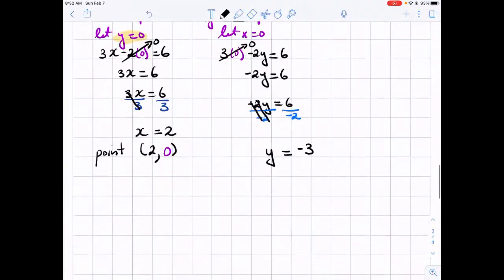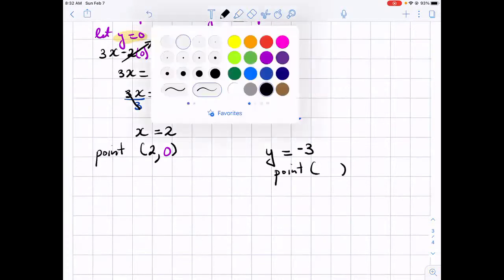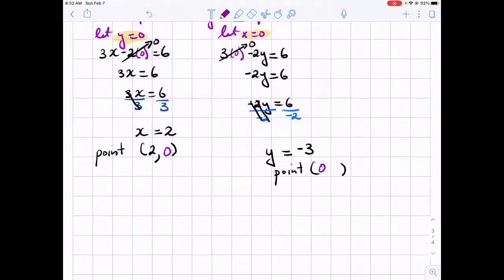So my point here, remember you choose x to be 0, so here is 0 comma minus 3, right?